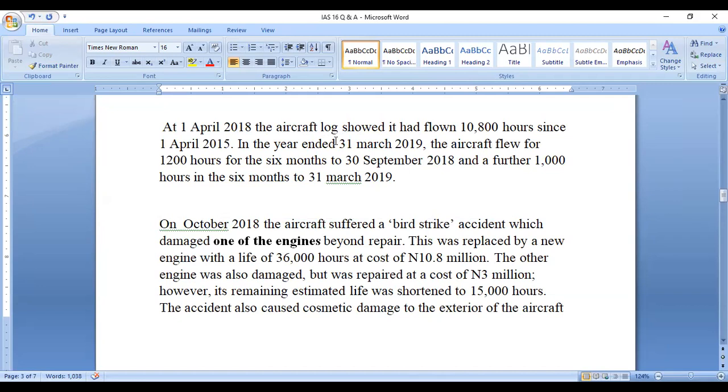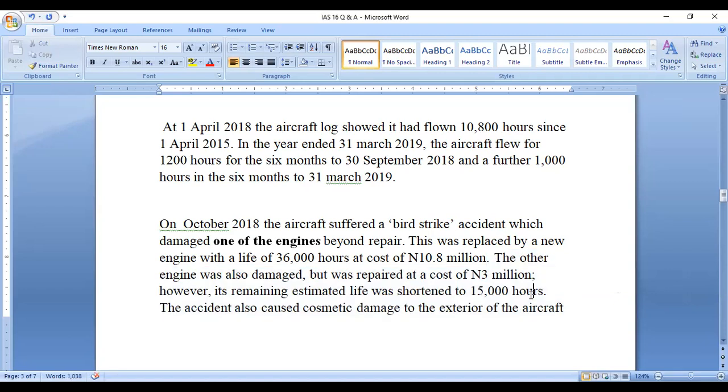Our account is ending 31st March 2019, so this 1,200 hours was before the accident in October. We're told that the other engine was also damaged but was repaired at the cost of 3 million. However, estimated useful life was shortened to 15,000 hours.